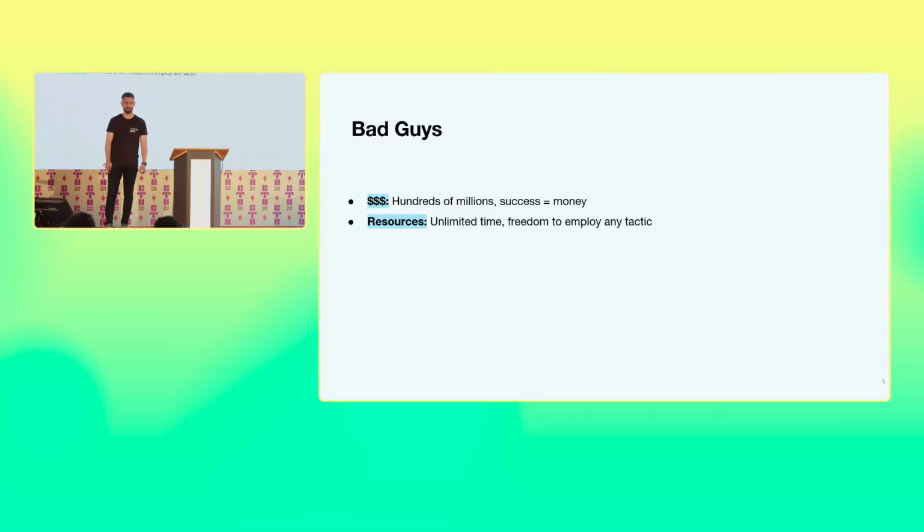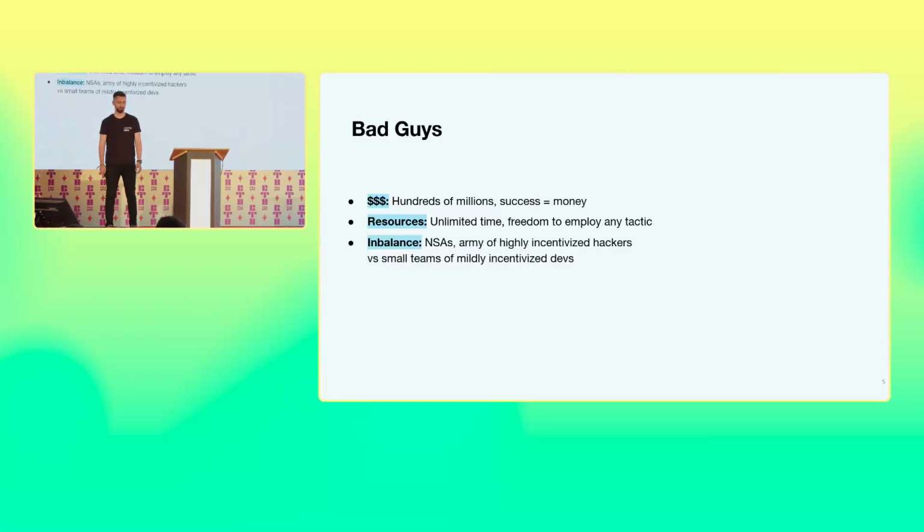They have unlimited resources, and they have unlimited time, and they have freedom to employ any tactic. As you can see, there is an enormous imbalance here. On the one side, we have nation-state actors, an army of highly incentivized hackers, and on the other side, we have small teams of mildly incentivized developers.